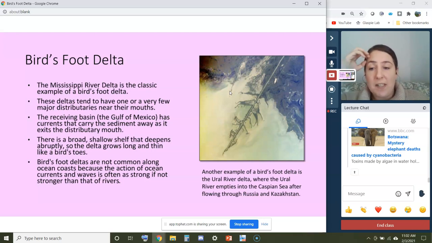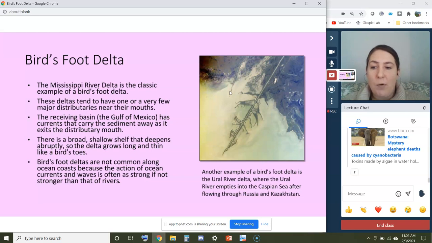The receiving basin, in the case of the Mississippi River the Gulf of Mexico, has currents that often carry the sediment away as it exits the distributary mouth. And so you don't get a whole lot of sediment building up in a fan shape. Instead, you get one channel building out, and then the sediment disappears from there.